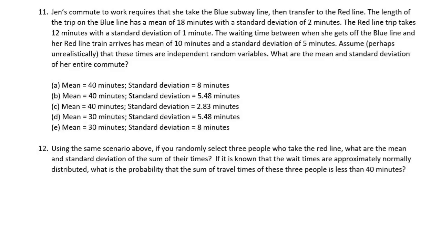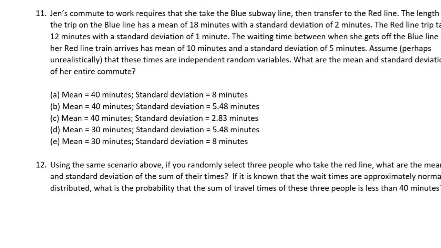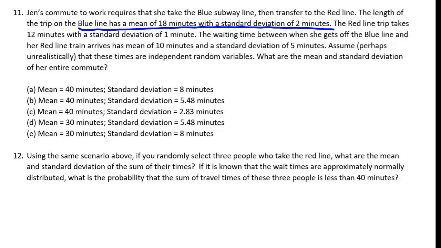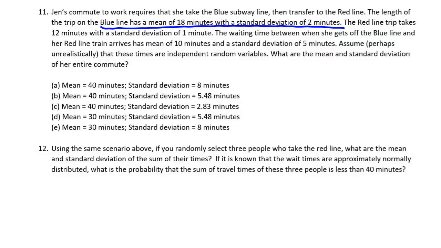11, Jen's commute to work requires that she take the blue subway line, then transfer to the red line. The length of the trip on the blue line has a mean of 18 minutes with a standard deviation of 2 minutes. So I'm going to underline that. The red line trip takes 12 minutes with a standard deviation of 1 minute.